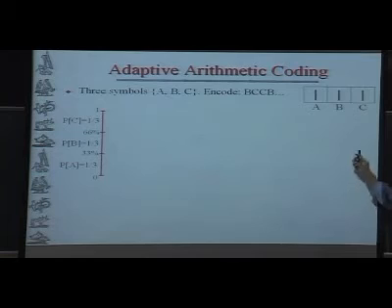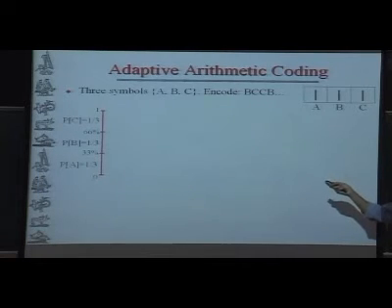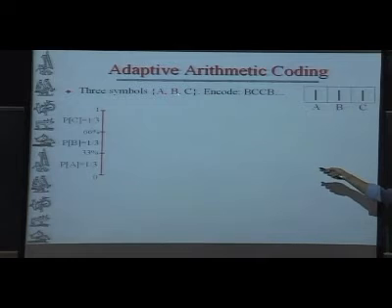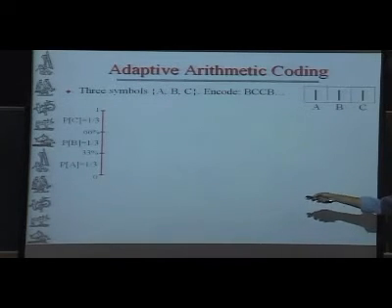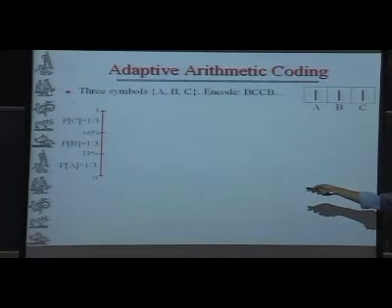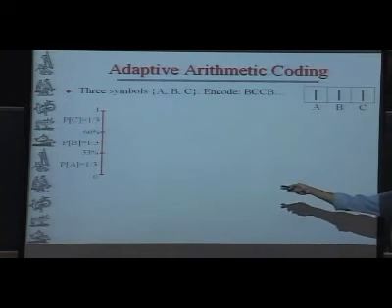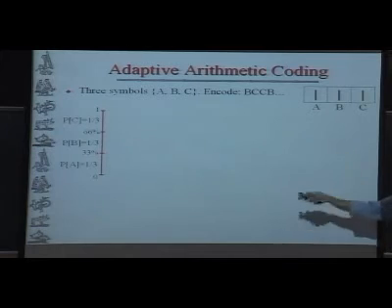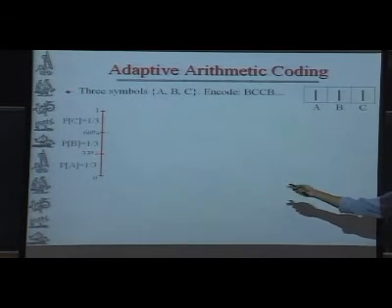In the beginning, since we don't know any information about A, B, and C, the sensible thing to do would be to assume that they are equally likely. So 1/3 for A, 1/3 for B, 1/3 for C, and that's how we get this assignment. And instead of putting 0.33, 0.66 here, I put 33%, 66%, because I'll need those percentages later on. You can go back and figure out exactly the numbers that you are supposed to put here.